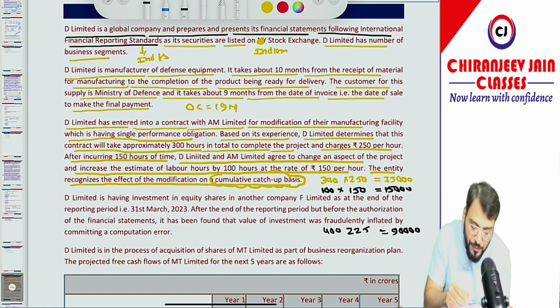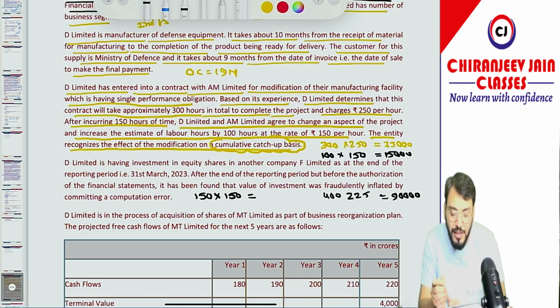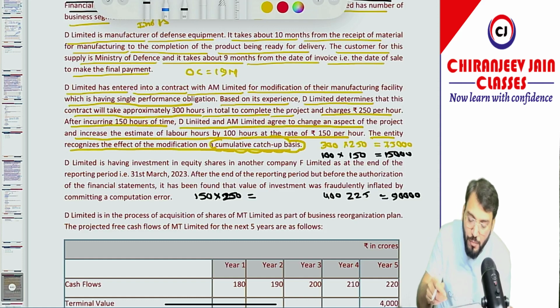Now for 150 hours, they have already recognized revenue based on what rate? 250 per hour. So how much revenue is already recognized? 150 into 250 is equal to 37,500.